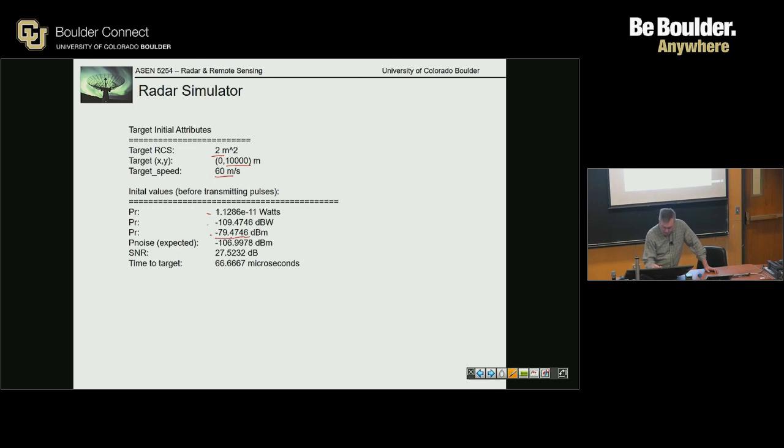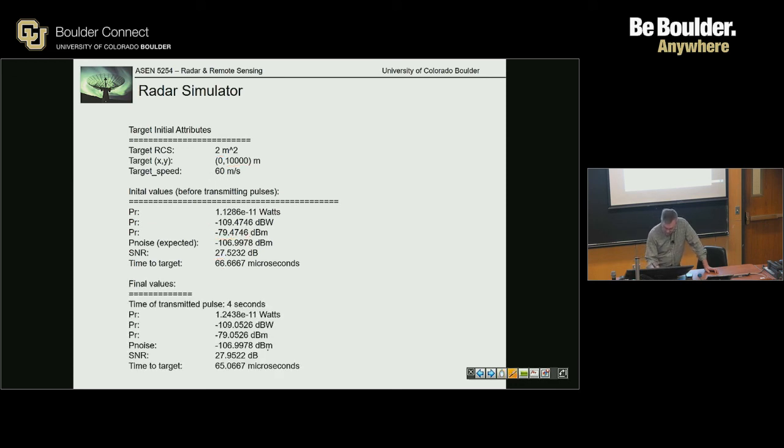And noise power. So expect in the simulation a signal-to-noise ratio of about 27 dB. The time to the target was 66 microseconds. And the IPP, I'm just going through this, was 100 microseconds. So that's okay.